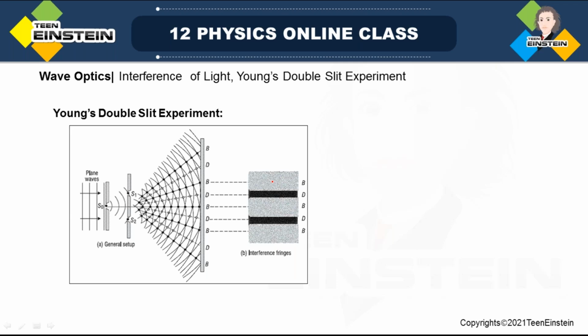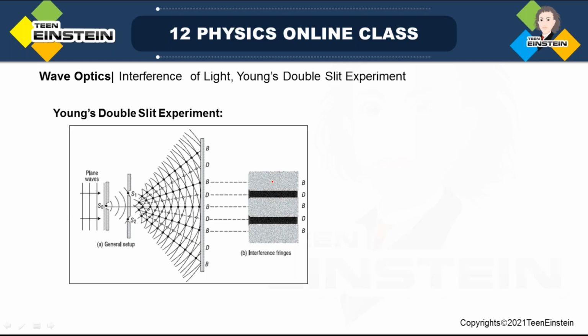Then you might be thinking, what is special in this? Nothing is special. The special thing is that interference was not proved experimentally before Thomas Young. So that was the specialty. That's why he was awarded the Nobel Prize.